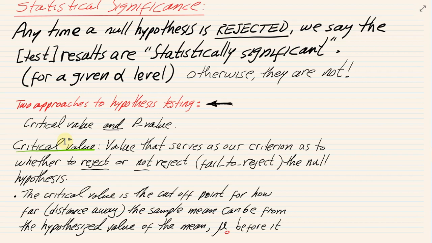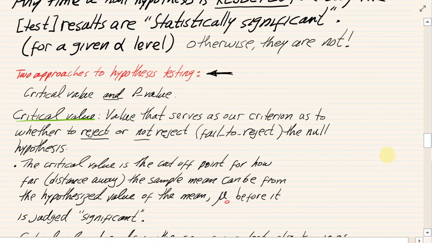So I'm going to call the critical value the cutoff point for how far the sample mean can be from the hypothesized mean before it is judged to be significant. In that sense, it's critical. It's the cutoff for significance versus not significance.